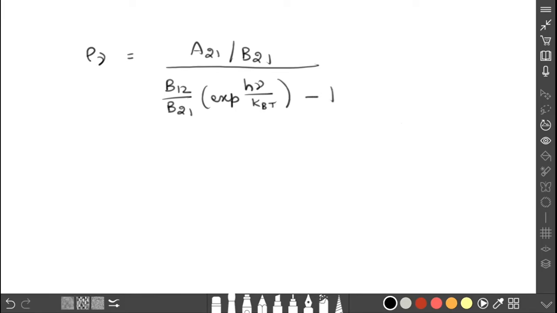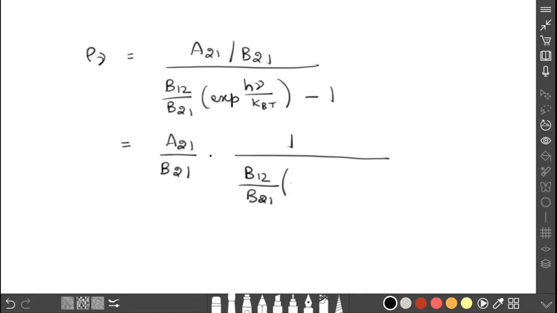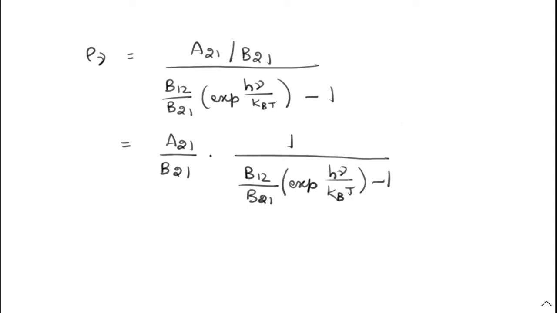Now I am going to rearrange the terms for my convenience: A21 by B21 into 1 divided by B12 divided by B21 into exponential of h nu by kBT minus 1. I have changed it like this to compare with Planck's theory of radiation.